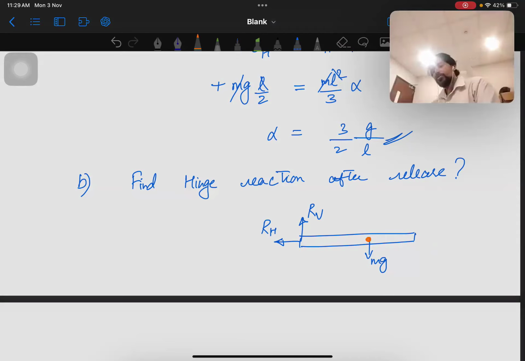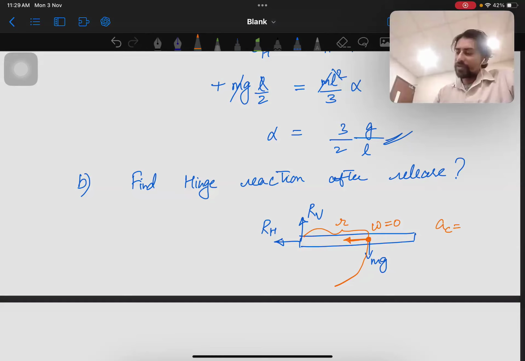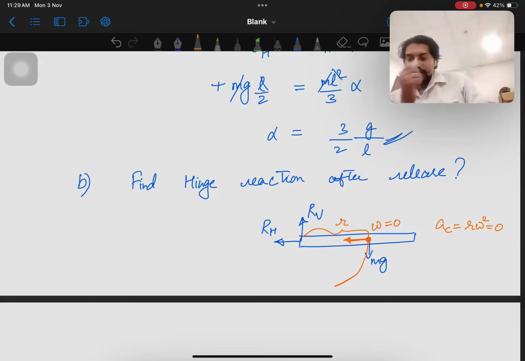Now, does the center of the mass just after release have any omega value, angular velocity? 0, right? So therefore, since the center of the mass is going to move in a circular path, what is the centripetal acceleration? If we take this distance as small r, which is L by 2, centripetal acceleration is r omega square with respect to the center of rotation.